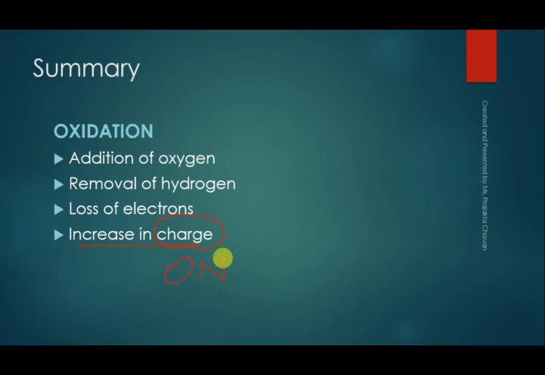And oxidation number is the charge on the ion. Now students, more about oxidation number you will be studying in standard 11. For now just understand that we can also call this charge the oxidation number.